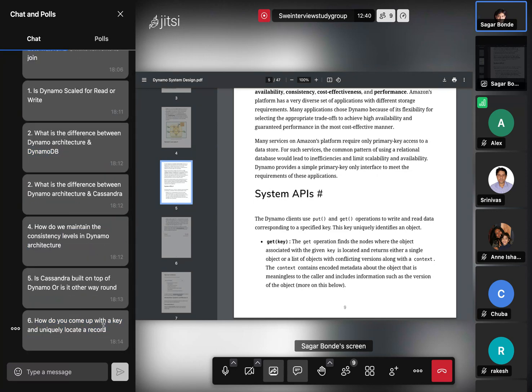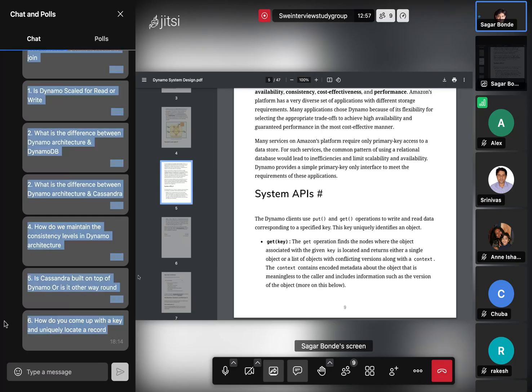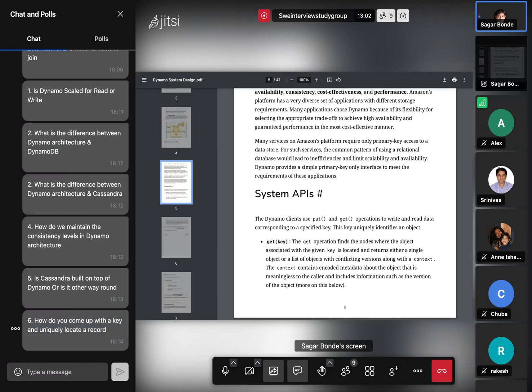After yesterday's discussion, one thing I came across was in terms of keys. The way we have a partition key or the clustering key in Cassandra, we also have a partition key in DynamoDB. What I mentioned about calculating the hash from the primary key was wrong.